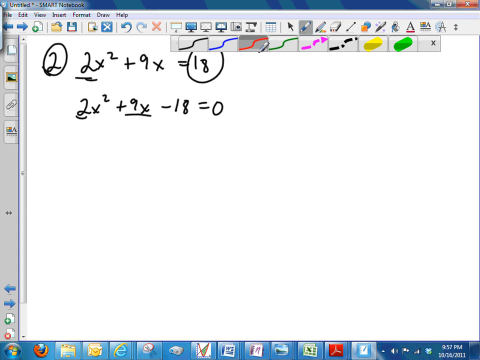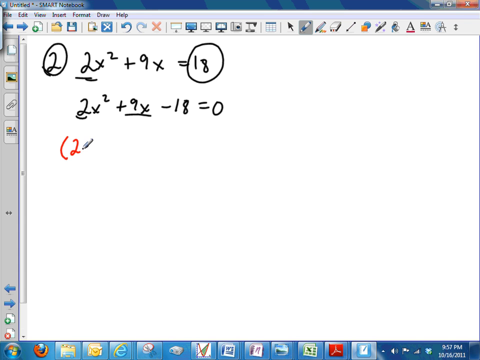So in this procedure, what I do to avoid having to guess so much, I do the following. I set up my parentheses for my two binomials, and instead of having a 2x and an x, I put a 2x in front of both binomials. Now I know what you're thinking.